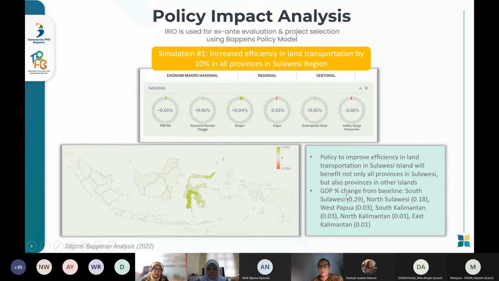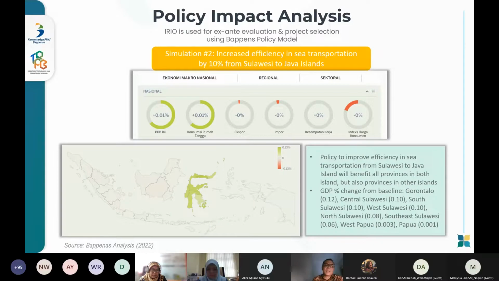For example, the GDP change from the baseline in South Sulawesi is 0.29%, North Sulawesi is 0.18%, but West Papua also increased by 0.02%. South Kalimantan on the next island also increased by 0.03%.